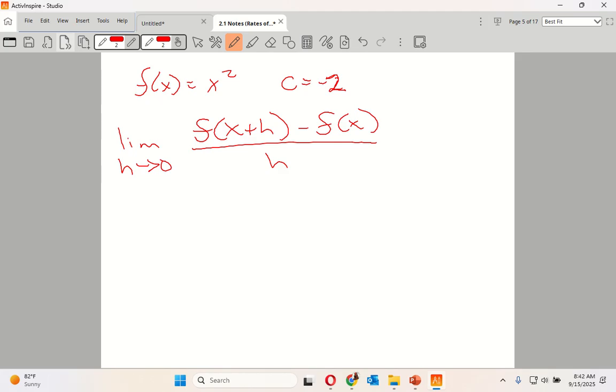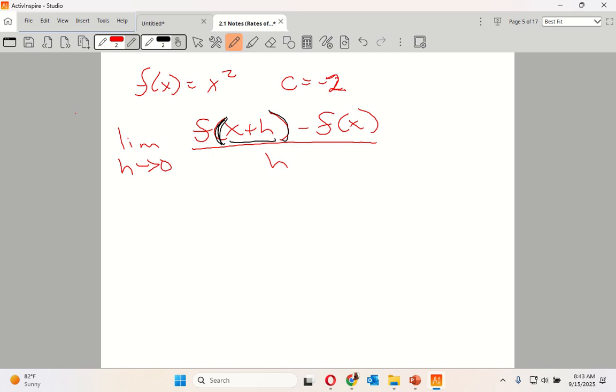So, right here, what does this mean? What am I doing with x plus h? I'm not moving it. I'm going to plug it in. I'm going to plug it into what function? This is f of x plus h.